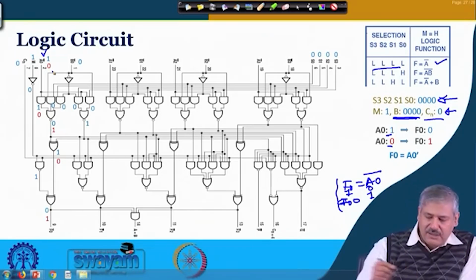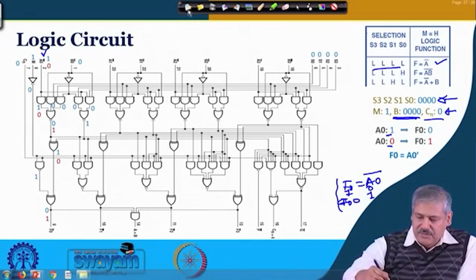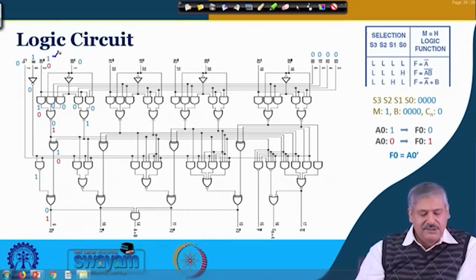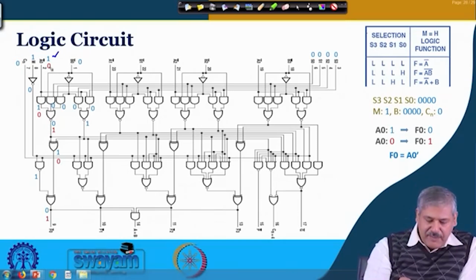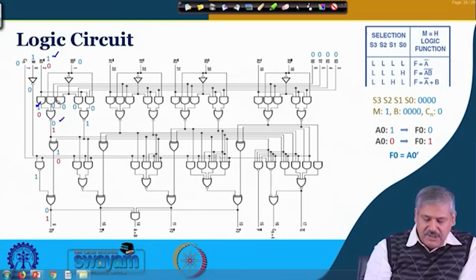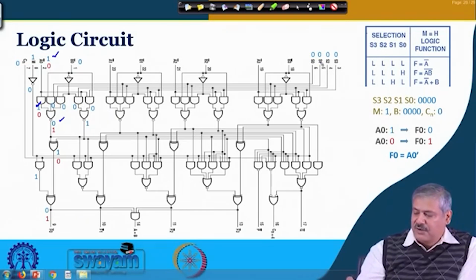I am trying to make it cleaner. So, this A0 is 1. Then what is happening? This 1 is coming over here. For the NOR gate, 1 is there means the output is 0. And the other inputs, these AND gates, you can see are coming from selection, and all selections are 0.